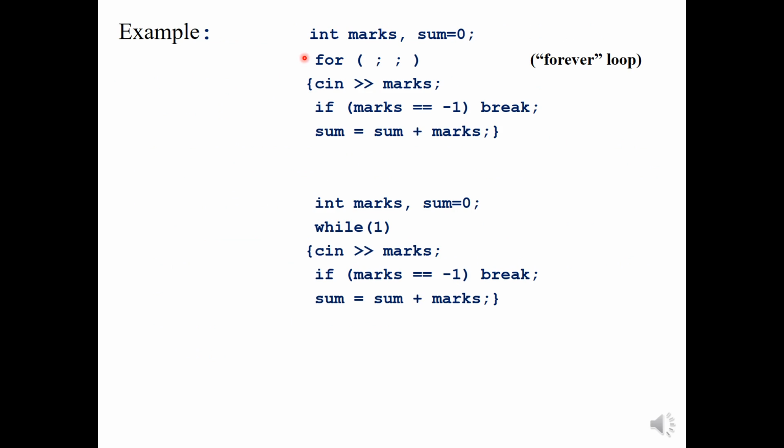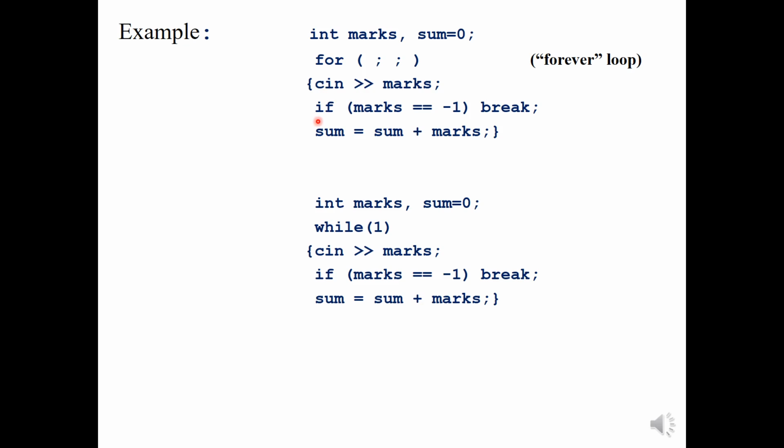Let's see some examples of the break which we have already seen. Suppose you have a for loop where none of these preconditions are given: no initialization, no condition, and no updation. If you don't do anything, then it is a forever loop.